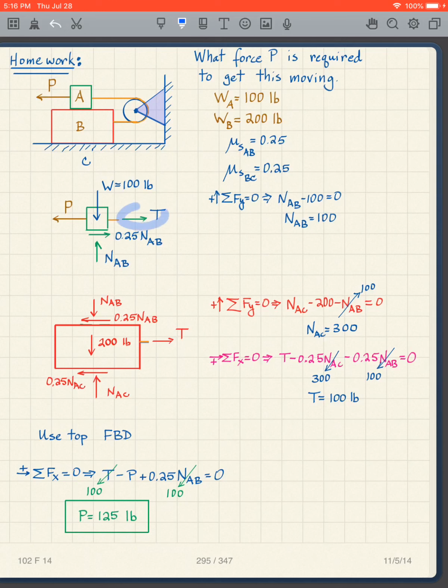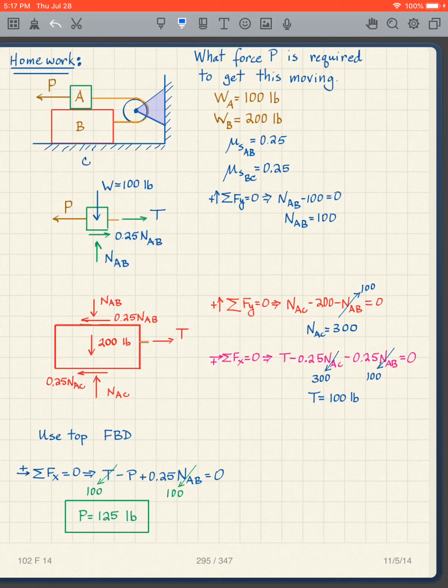So I have to put in a force for the cable, I have to put in two forces, a normal and a parallel, for the frictional surface. And then I have to put in my weight. And of course the force P. So everything is on there. And I know the coefficient of friction is 0.25, so I have my NAB and 0.25 NAB.